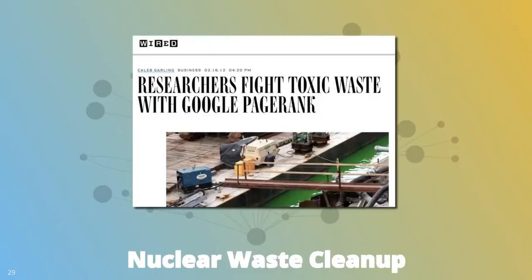Nuclear waste cleanup, this kind of caught me by surprise, actually. The human brain is basically a bunch of nodes and relationships. Well, chemistry is a bunch of nodes and relationships. You have things that bond with other things, forming a relationship.